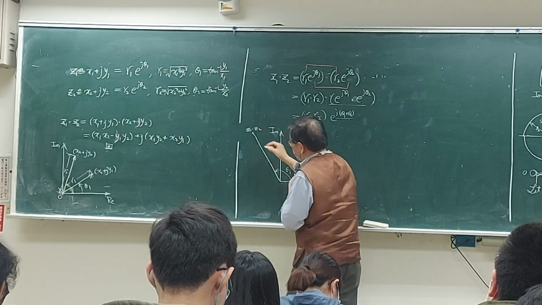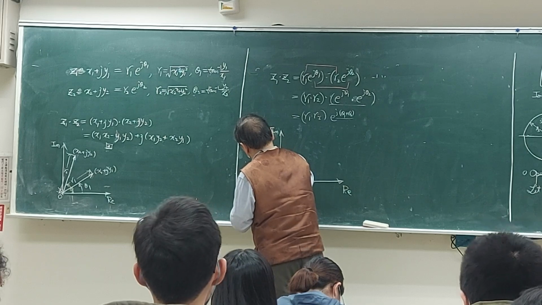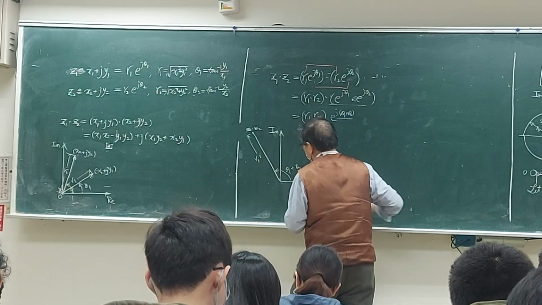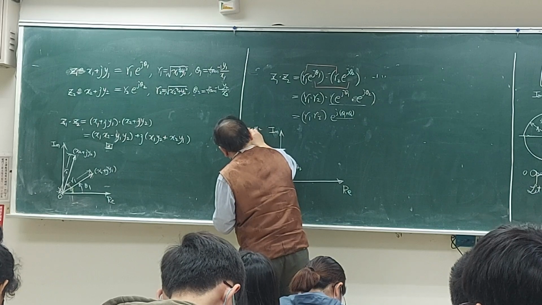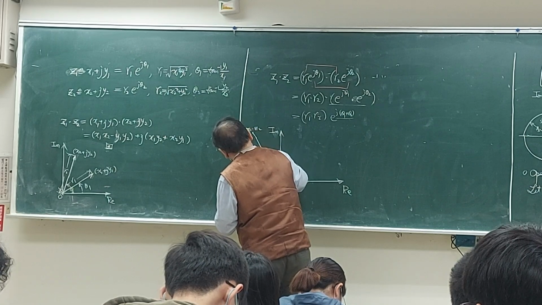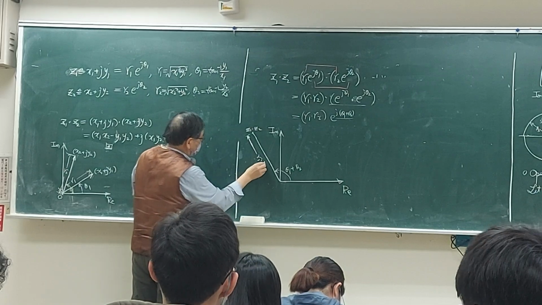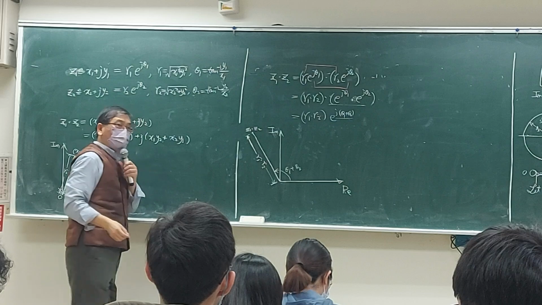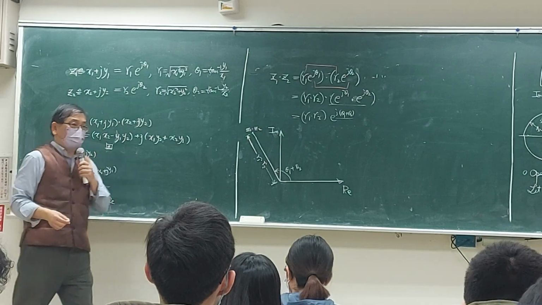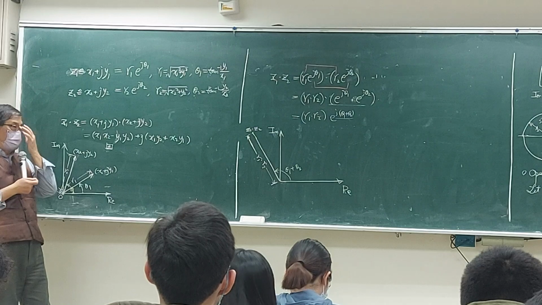The magnitude is simply the product of R1 times R2. This makes the product much easier to perform.